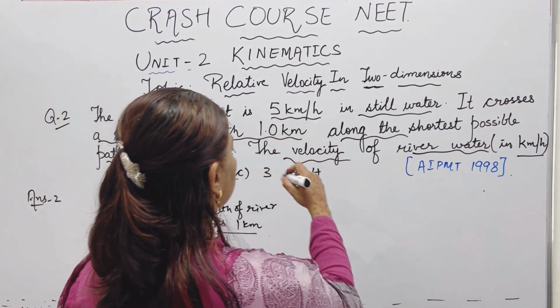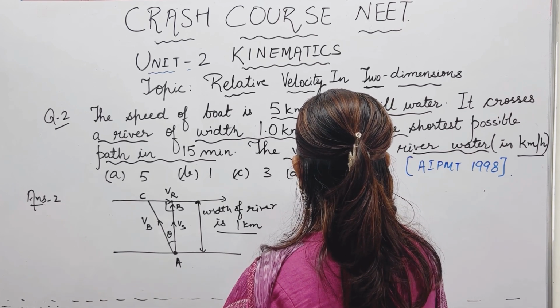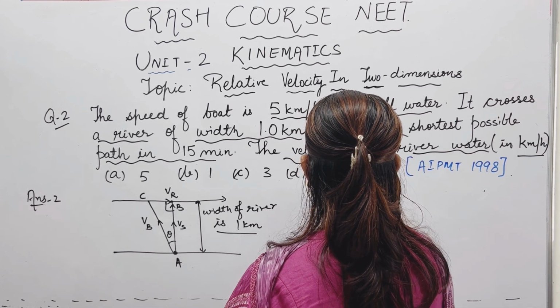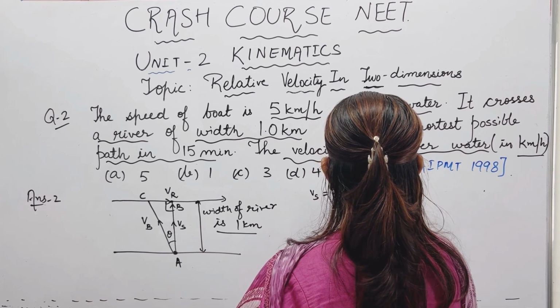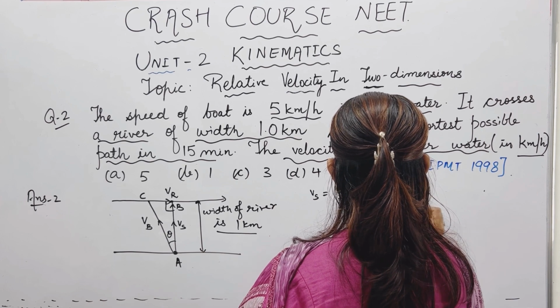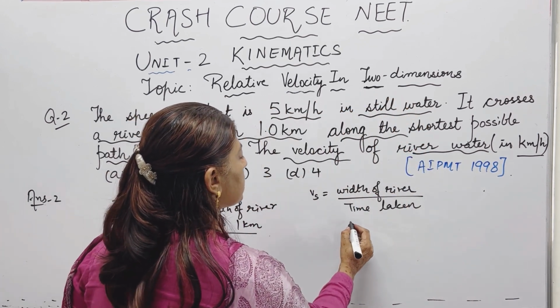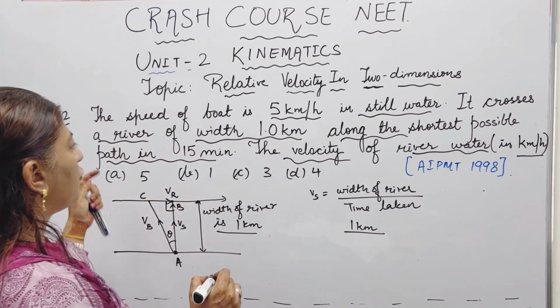Now, according to the given conditions, Vs is equal to width of river over time taken, and the width of river is 1 kilometer and time taken is 15 minutes.